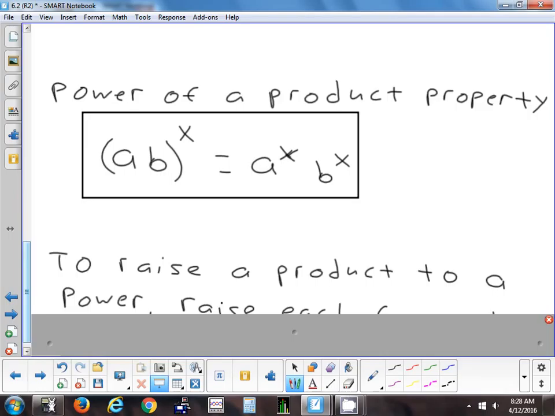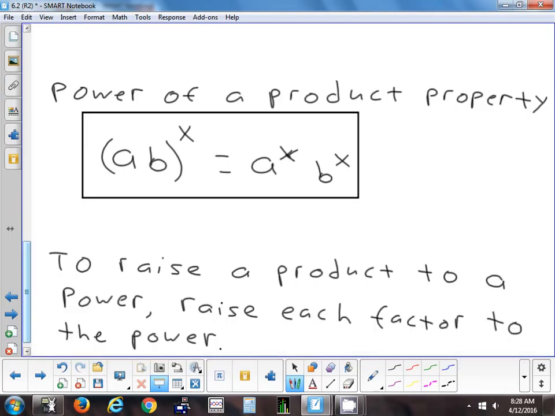It's kind of like the distributive property, but you're not multiplying, you're raising to a power. If it helps to think of it as a distributive property, but don't get confused, you're not multiplying. You're raising to a power. Each one of these things in parentheses, the A and the B, those are your factors. Any two things you multiply together, those are factors.